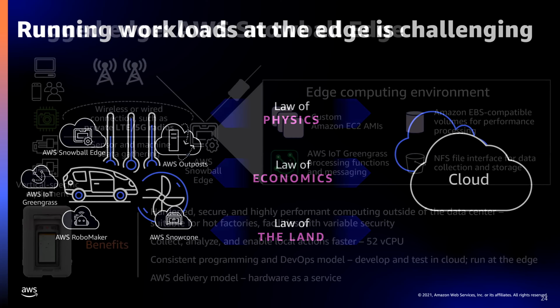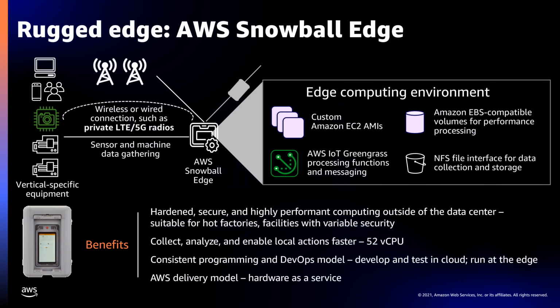And that's where AWS Snowball Edge comes into play. The Snowball Edge is a device built for edge computing, and it comes in two classifications: storage optimized or compute optimized. If you just want a lot of storage locally that you're going to later ship back to AWS and put into an S3 bucket, that's where the storage optimized Snowball Edge comes into play. If you want to run compute at the edge, maybe analyzing data coming off sensors, you will want a compute optimized Snowball Edge.